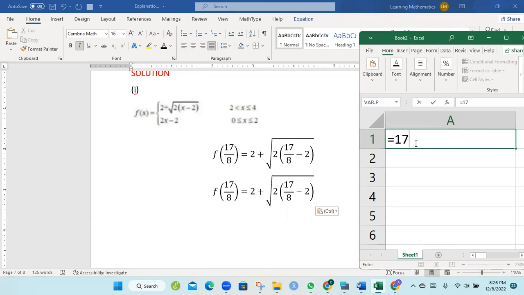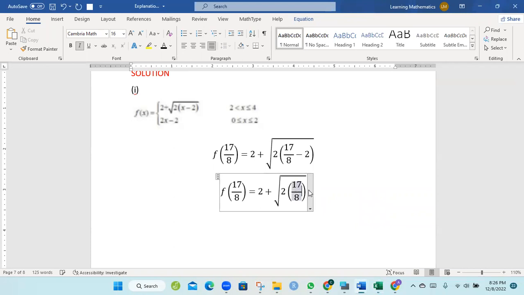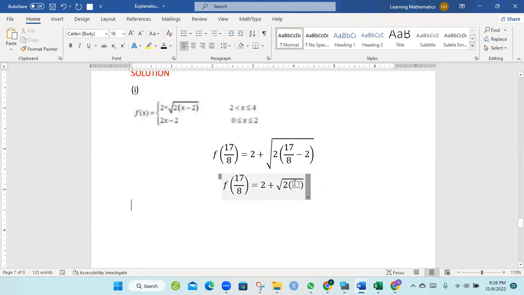So 17 over 8 subtract 2, that's 0.125. Now we have to find what is 2 times 0.125 and then find the square root thereof.